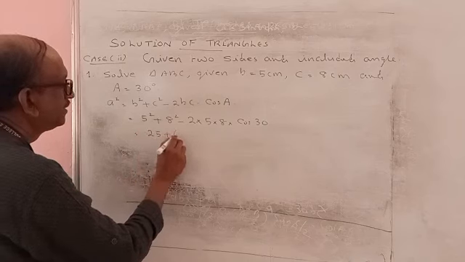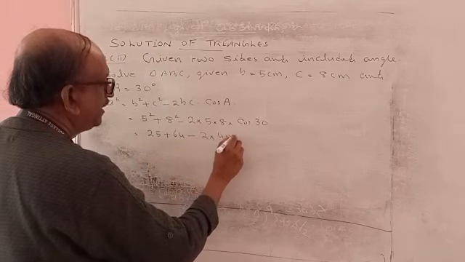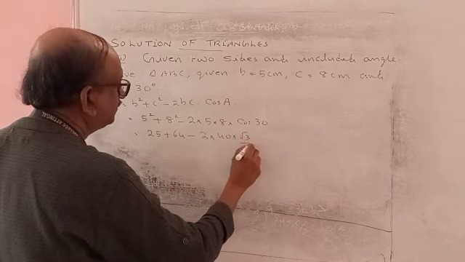25 plus 64 minus 2 into 40 into root 3 by 2.